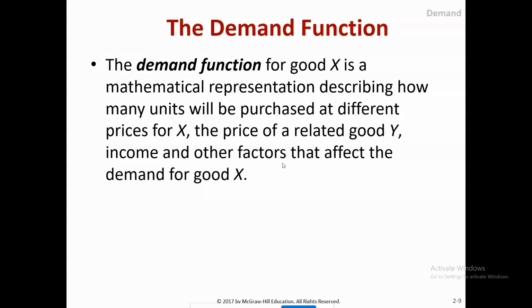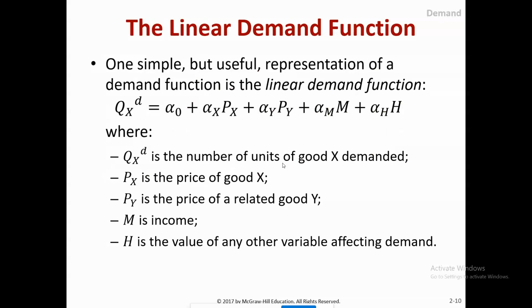For a good, product, or service X, it is a mathematical representation describing how many units will be purchased at different prices for X, the price of X, and all the other influencing factors, for example, price of related goods Y, income, preference, persuasive advertisement, and so on and so forth.